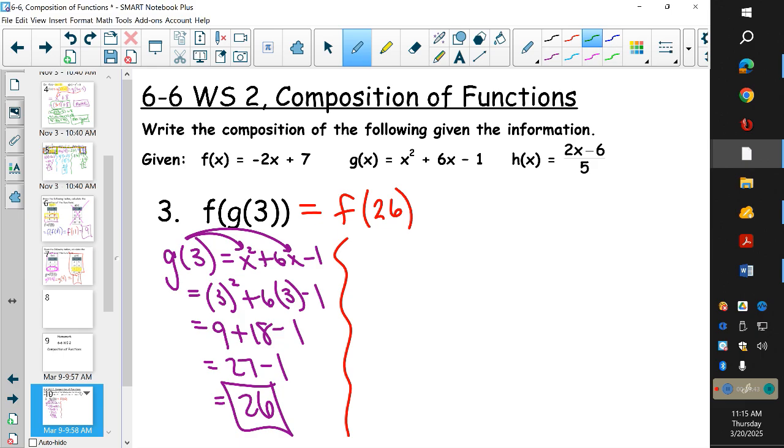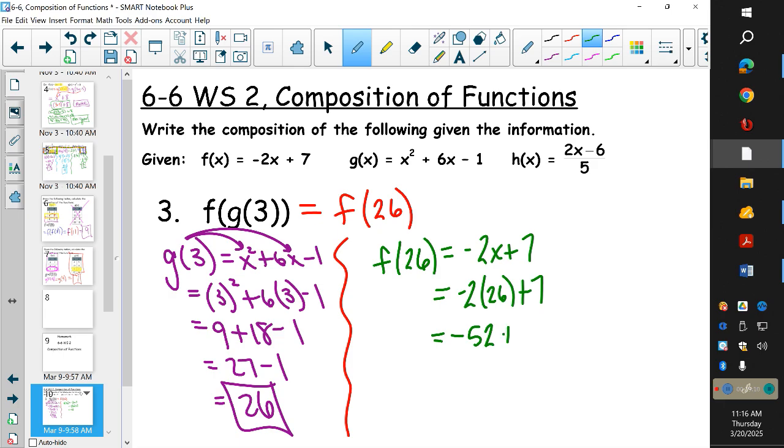So now what do I do? F at 26. What is F defined to be? Negative 2x plus 7. Very good. And every place I see an X, what do I put inside? So that's negative 2 times 26. What is negative 2 times 26?